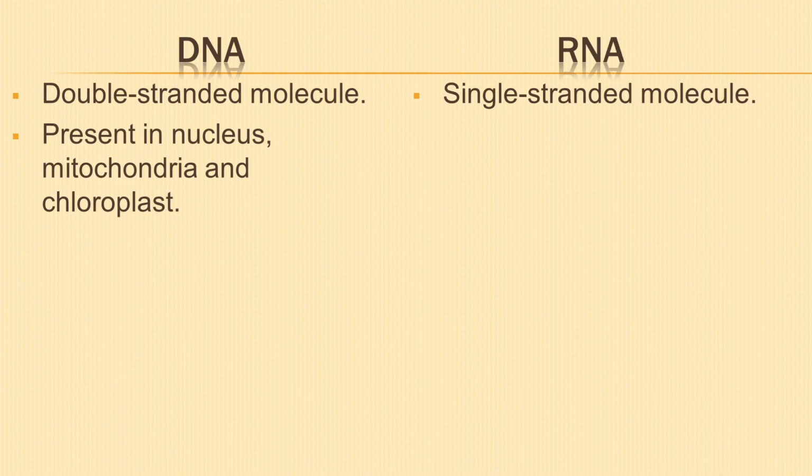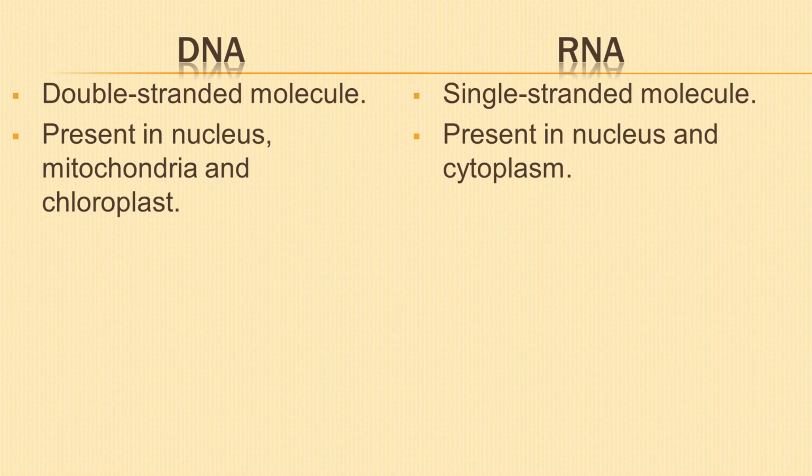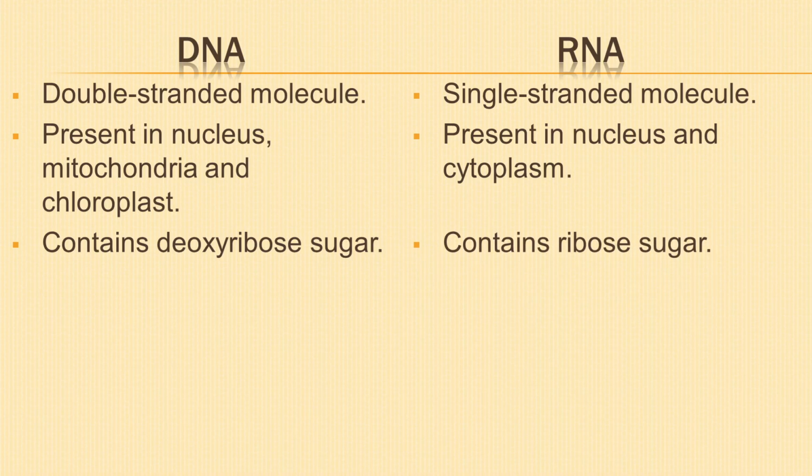DNA is mainly present in the nucleus, also seen in mitochondria and chloroplast. RNA is present in the nucleus and cytoplasm. DNA contains deoxyribose sugar. RNA contains ribose sugar.